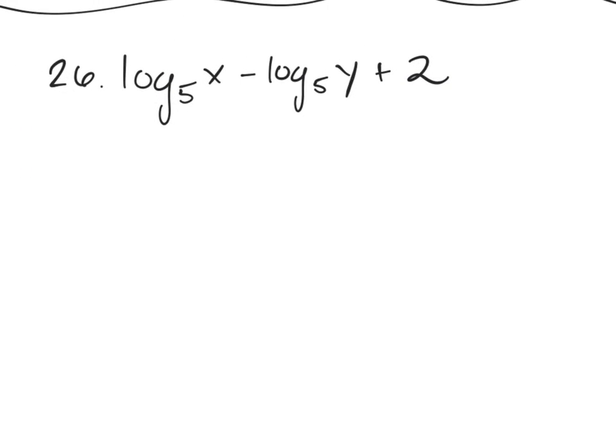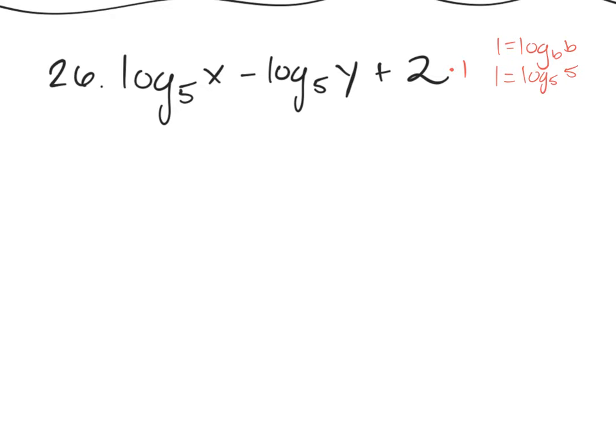Let's look at one a little more complicated. In 26, we have log base 5 of x minus log base 5 of y plus 2. Now this 2 at the end may throw you off at the beginning, but remember it's 2 times an implied 1, right? Because there's always an implied 1. So remember that 1 is equal to log base b of b, where b could be any positive number. So since we have log base 5, log base 5 of 5 is equal to 1.